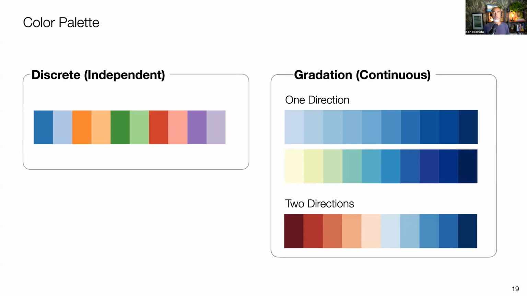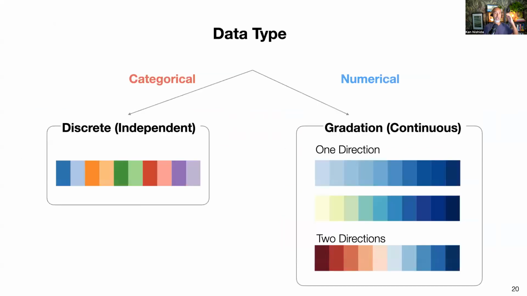These are the 2 main differences. Let's start with discrete. Of course, the question is which color palette I should use, and it really depends on the data type. If you're talking about categorical data, most of the time it's better to just go with the discrete or independent color.